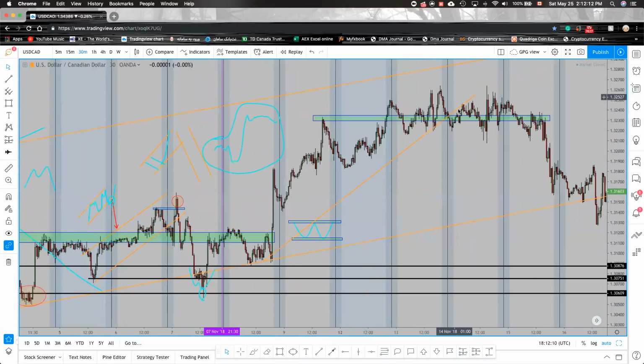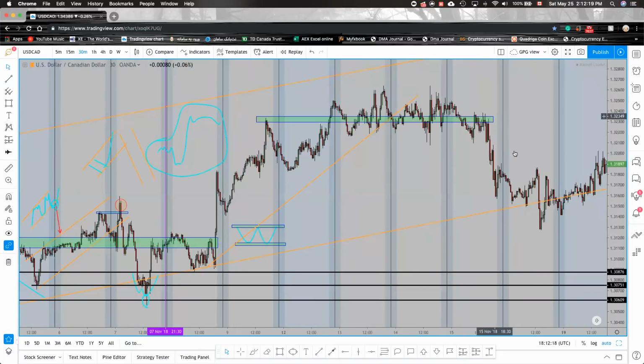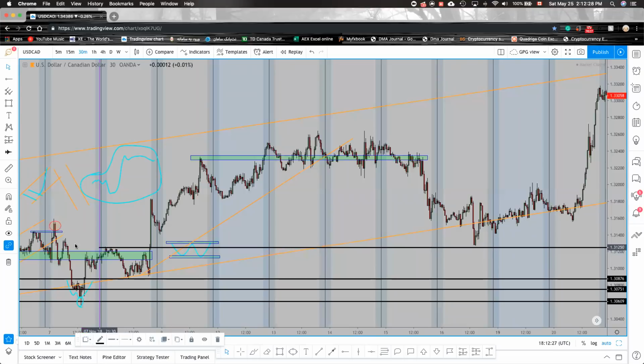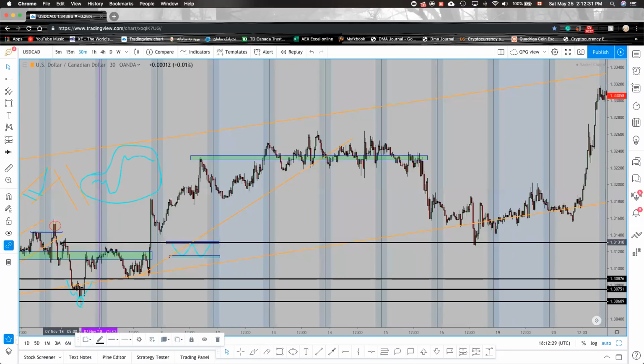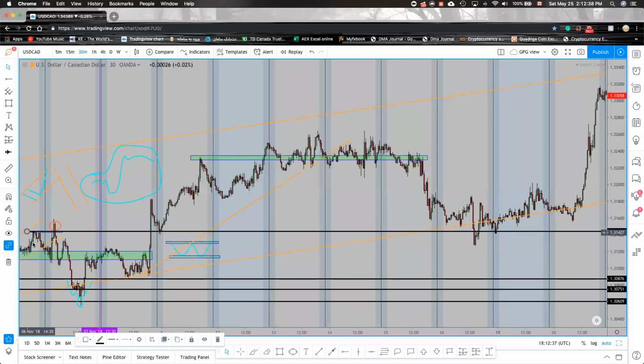So now they're working above this zone until they've finally accumulated enough orders so they can come back down and hit their stop losses again in the zones where retail traders have their support resistance plotted.